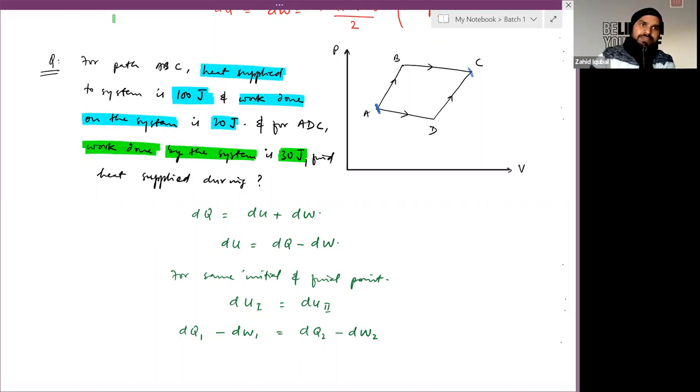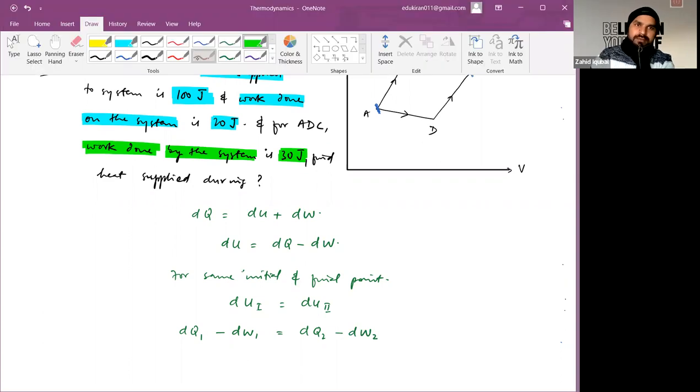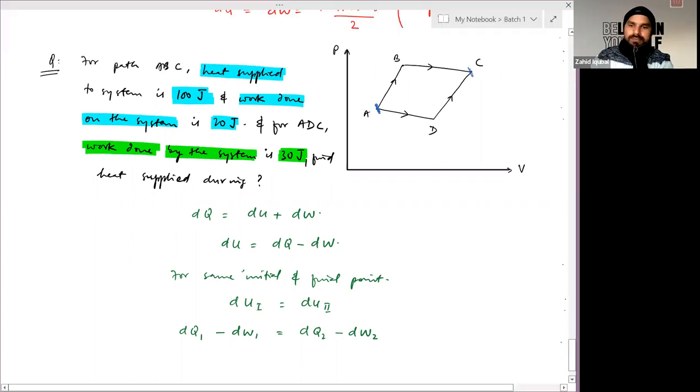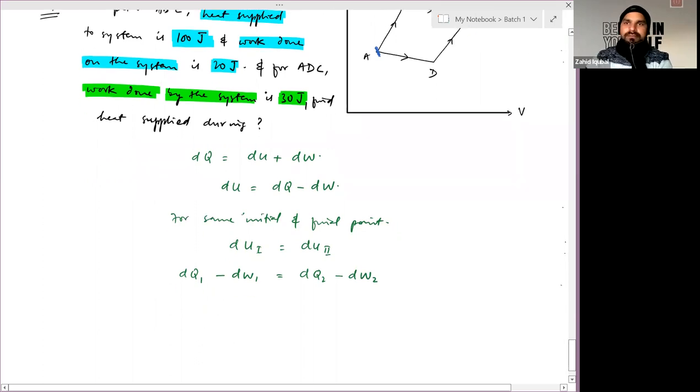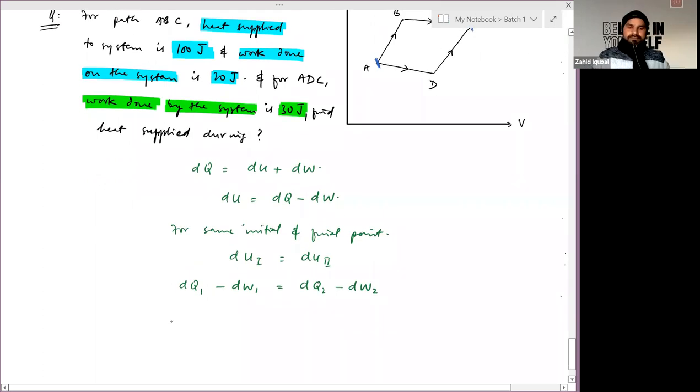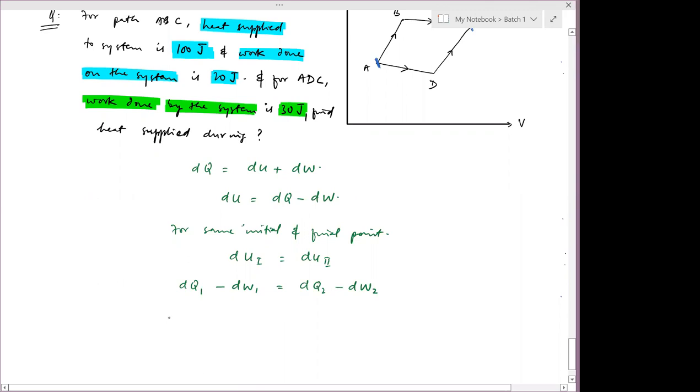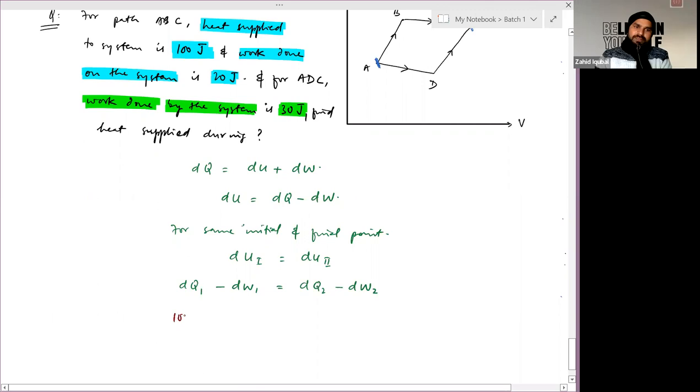So using sign convention, we may write first heat supplied to the system. It will be positive or negative? Hamza? The positive. Good. So dq1 will be positive, 100 joule.